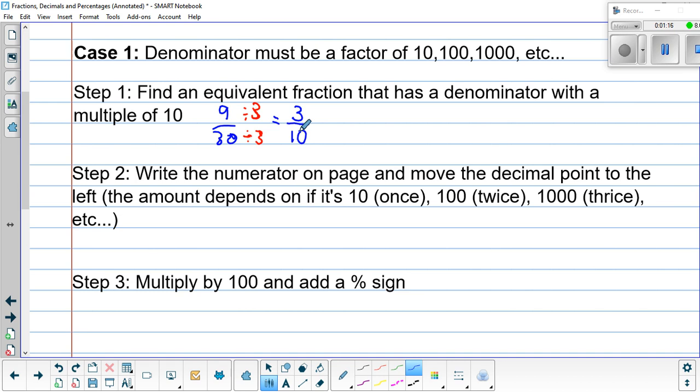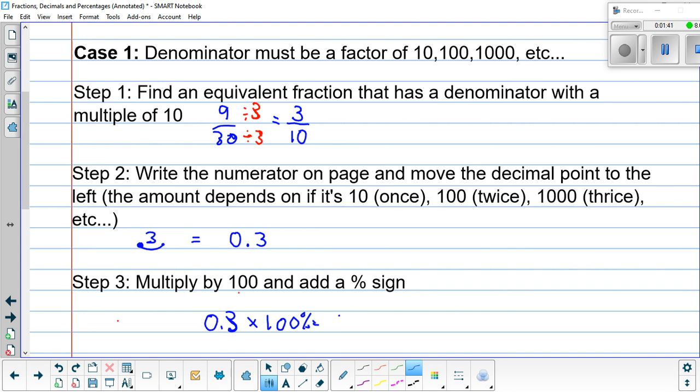And so we know that we can write that as 0.3, because we see divide by 10, so we move the decimal place once. That makes 0.3. So, the last step we have to do is take 0.3 and times it by 100, so we times it by 100%.